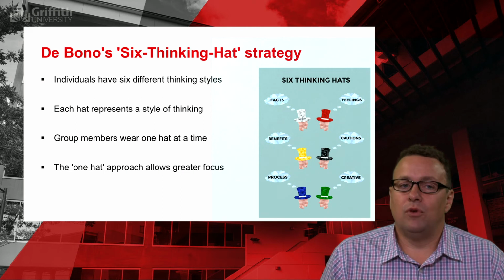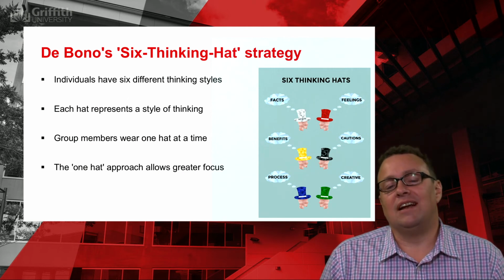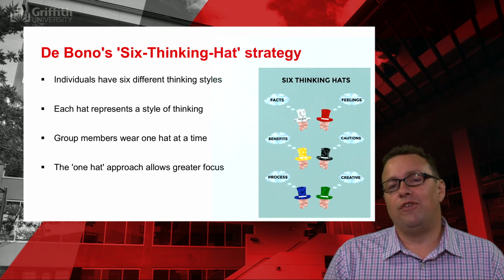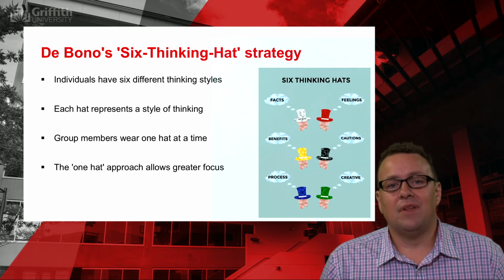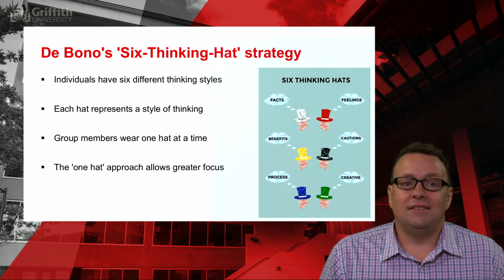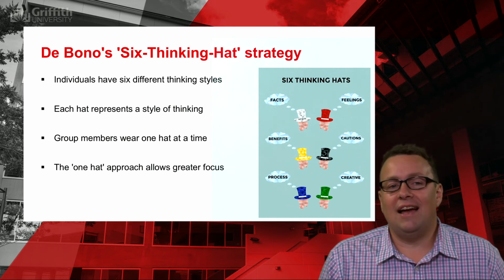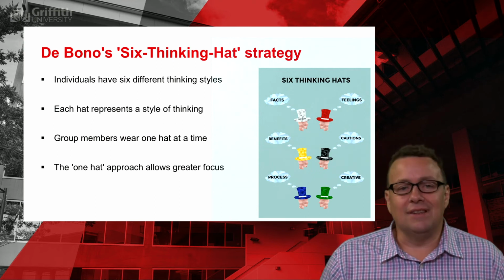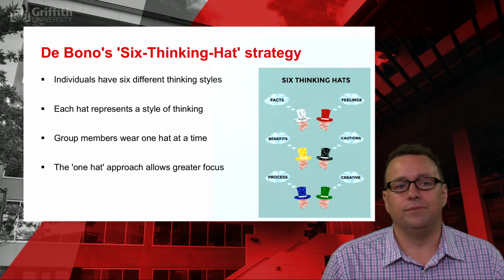Group members or teams of group members can actually wear one hat, and they use only that thinking style to evaluate the problem at hand. Group members, or again, teams of group members, can then switch hats and consider the problem with a really different thinking style. Gives them a different lens to look at the problem through.